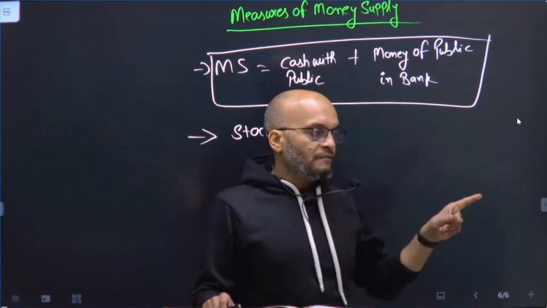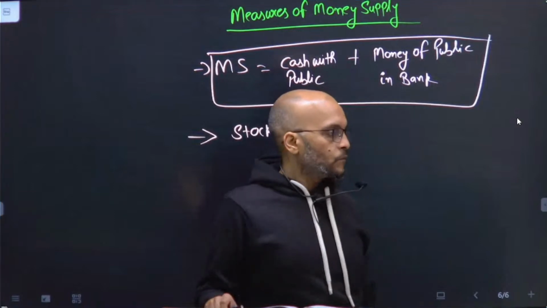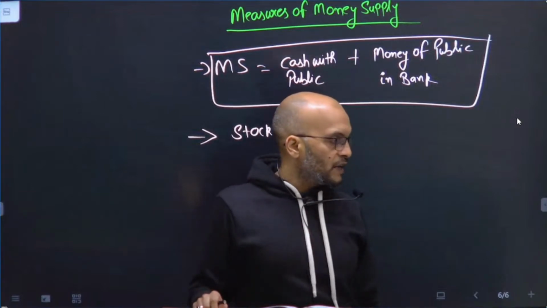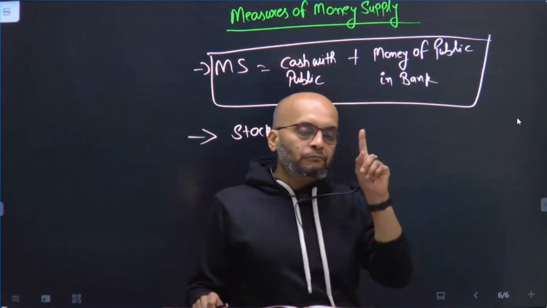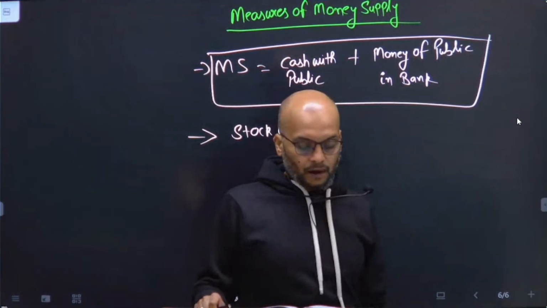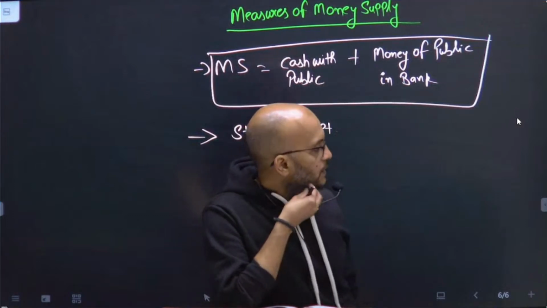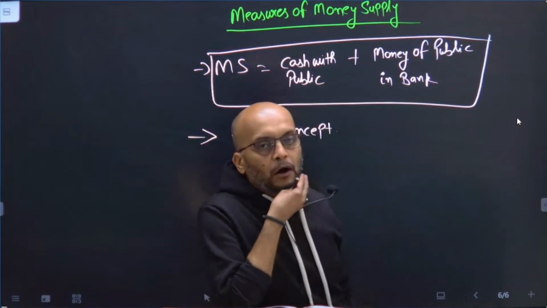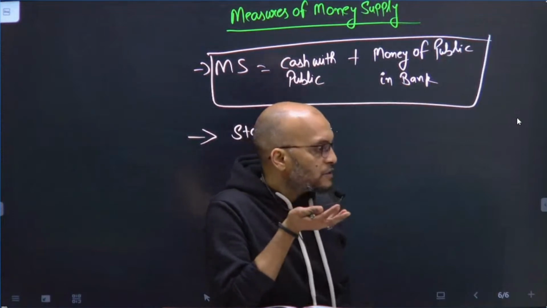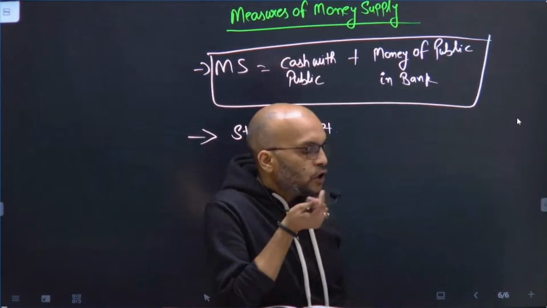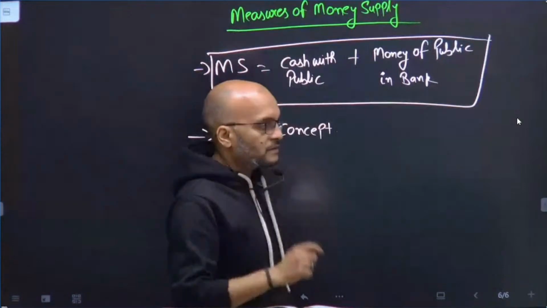In brackets, you can write down consumers of money. It is only going to talk about money held by the public, that they are consumers of money. It is not going to talk about money held by banks.